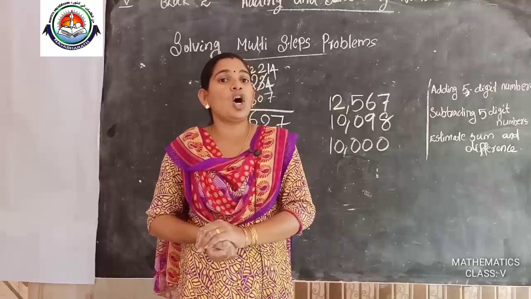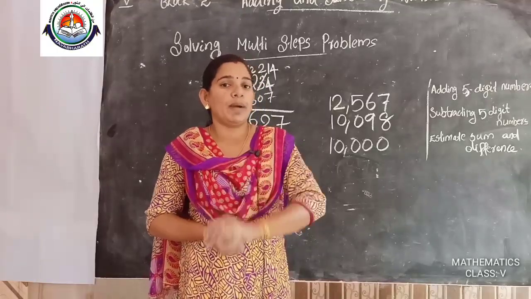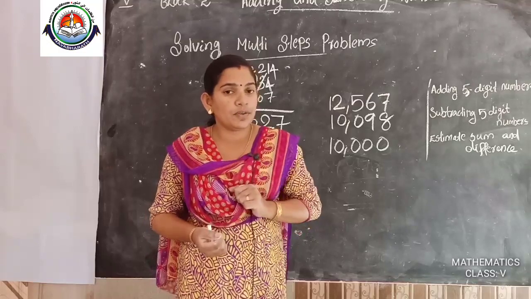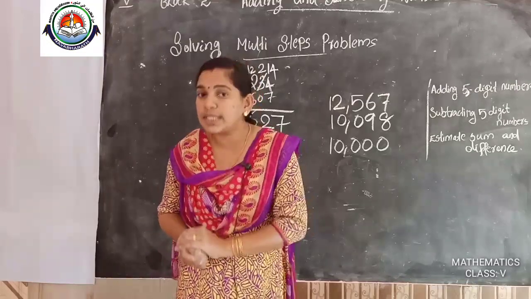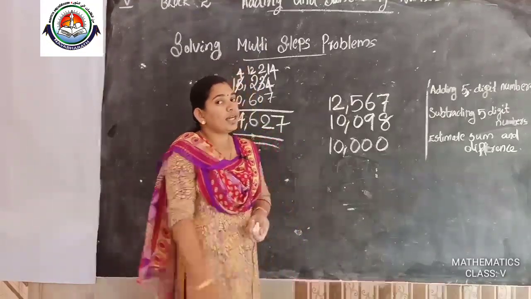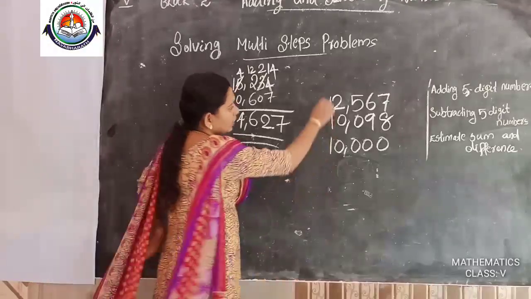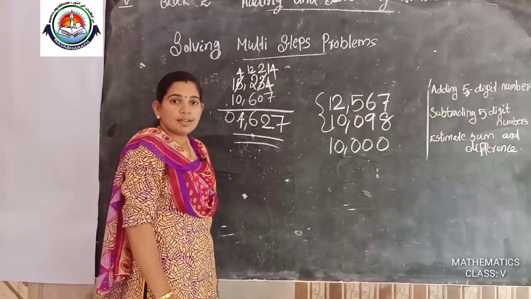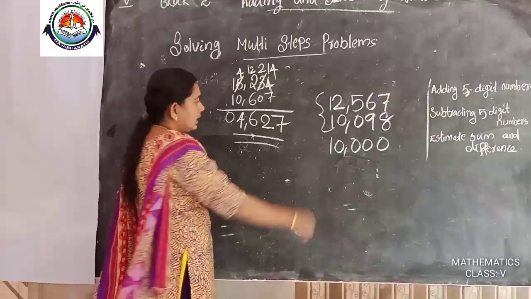Then the question is, how many seats are occupied? First we want to find the total number of seats. How do we get the total? We add the number of seats of the first side and the second side.